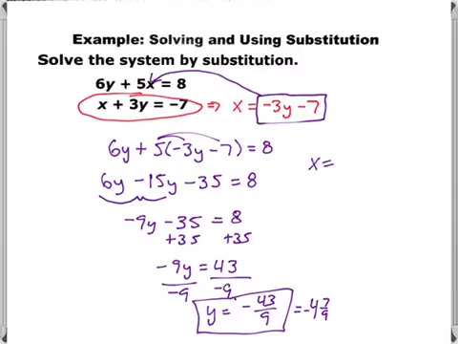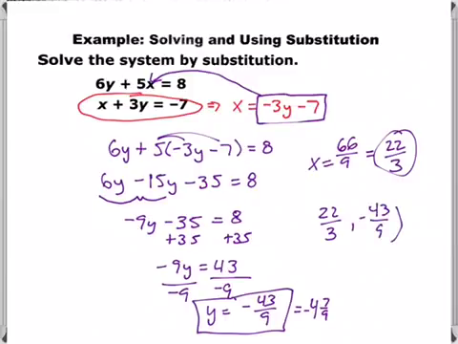Substituting it in for x, you should get 66/9 is what you get when plugging in for x, and it reduces down to 22/3. So your ordered pair becomes 22/3 and negative 43/9. Not the nicest problem, but we solved it.